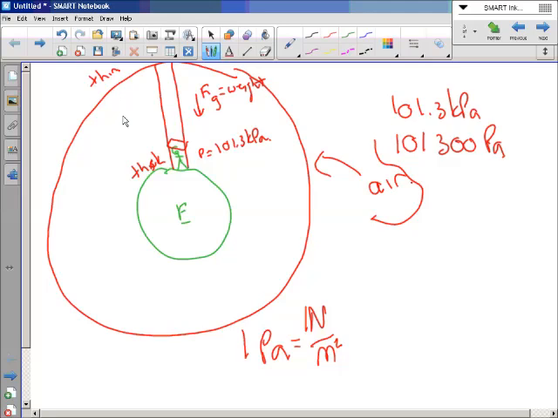Then instead of 101,300 pascals, there's actually 101,300 newtons of air over that meter over my head, right? If I measured a meter over my head, that's not too bad, it's about a meter.